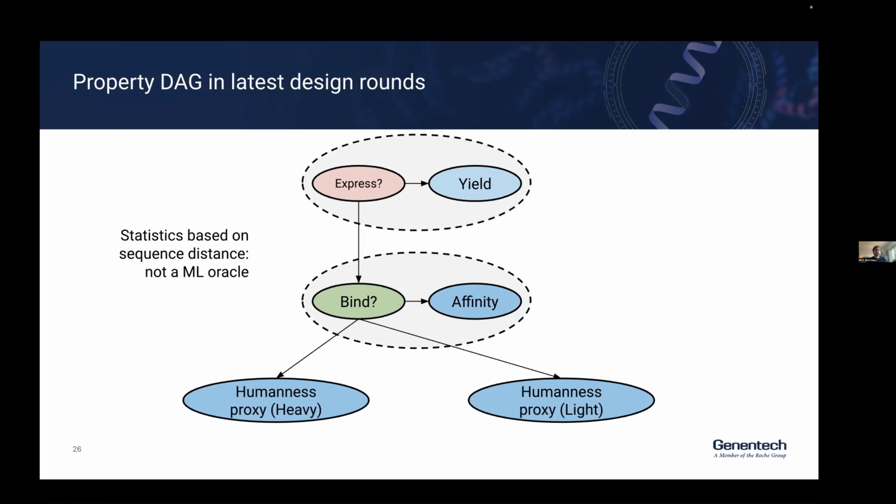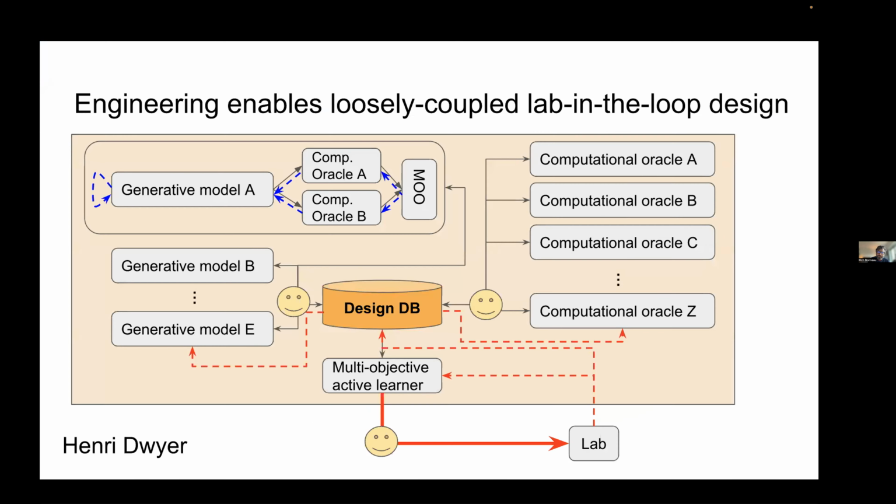And so what we find is, whether it's through a biophysical reality like the expression-binding hierarchy, or just an experimental choice to not test things that aren't binders, that's part of the culture, or just the overall protocol in the lab. Either way, there are very strong hierarchies built into the way in which we have to organize our active learning when the properties have these very strict sequential relationships.